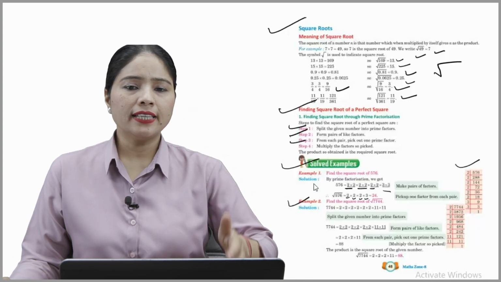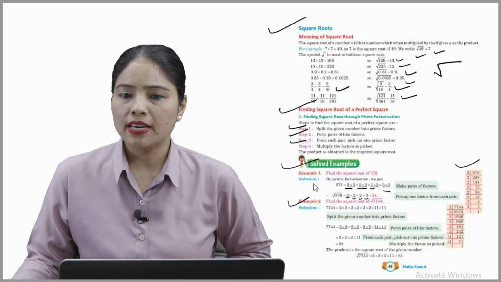Now example 2. In that, find the square root of 7744.